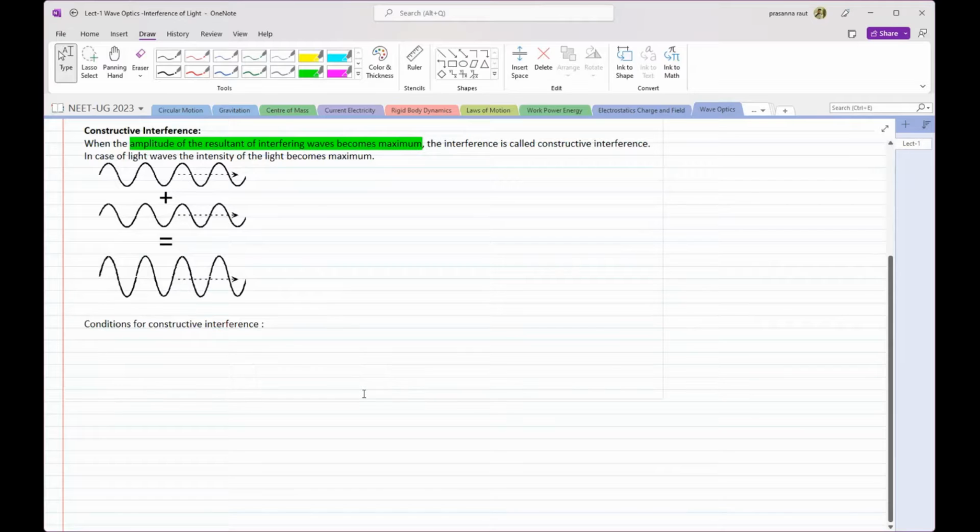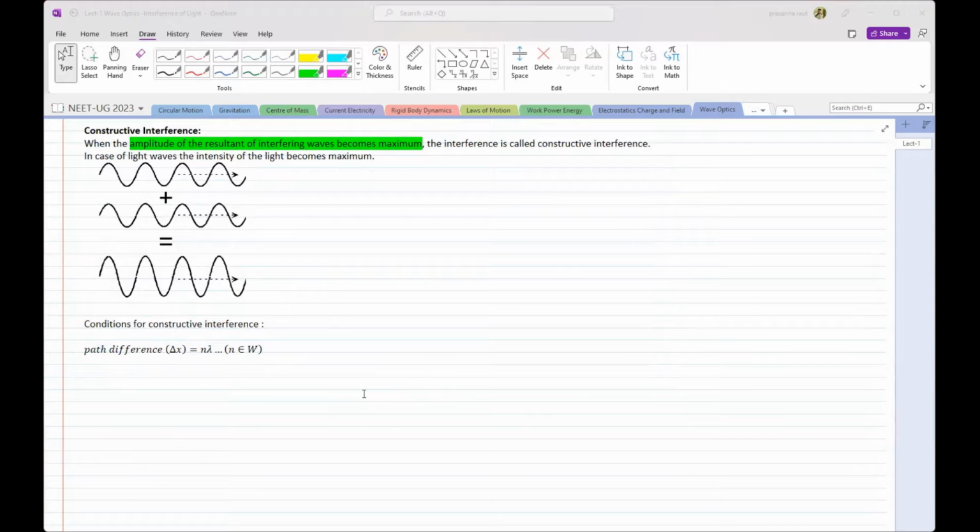Then when can that happen? The path difference, meaning the distance traveled by one wave minus the distance traveled by the other wave, should be n times lambda, mod of that. Path difference is the distance traveled by the first wave minus the distance traveled by the second wave. The distance between them should be n times lambda, then that happens.